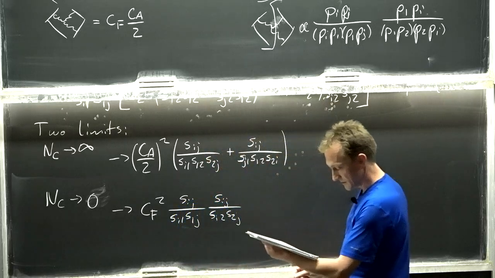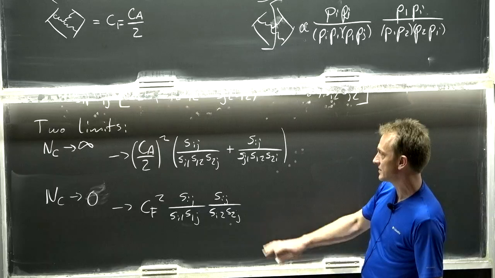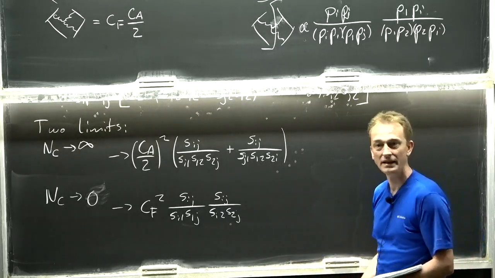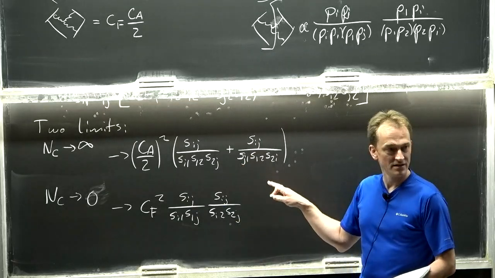Again, as I said earlier, literally just the square of what we have up there, because the theory in that case behaves like QED, because I take NC to 0, basically. So the physical limits make sense.